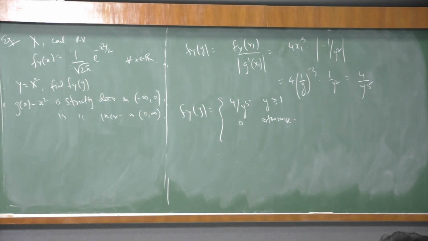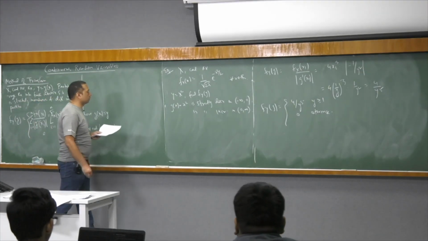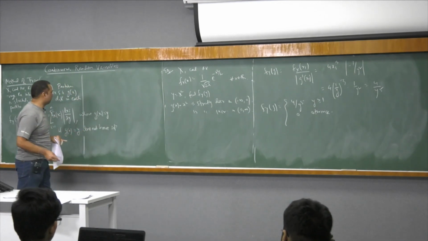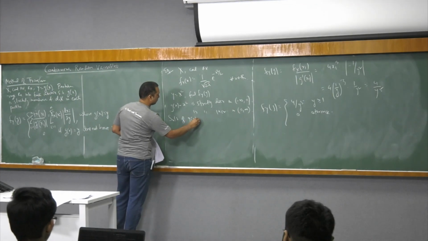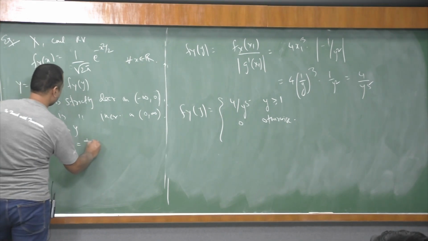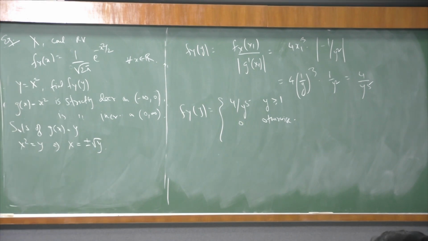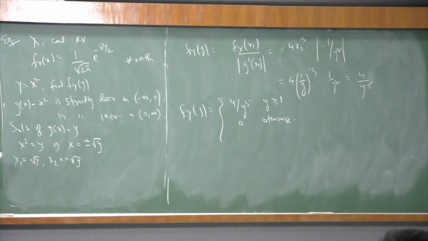So this gives us the two partitions. The solutions of g(x) equals y: x square is y, this implies x is plus minus square root of y. We keep the same notation, so x1 is square root of y and x2 is minus square root of y.